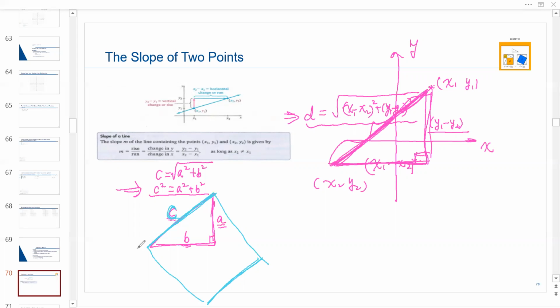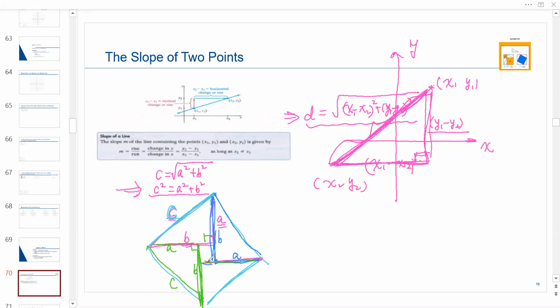This is C, this is A and B. We can put another right triangle here, with A, B, and C. We can graph another one, an additional one.